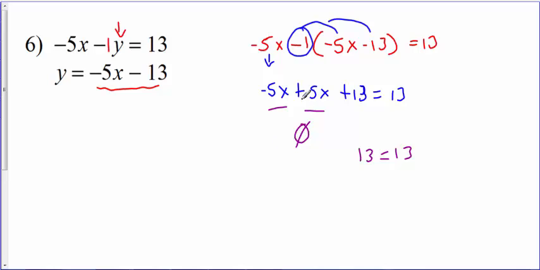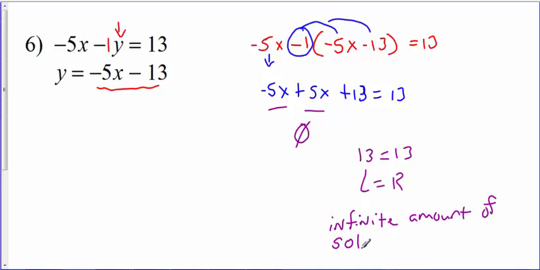Now, when our variables drop, let's look at the numbers that are left. Our left side does equal our right side. This tells us that we have the same lines, and the answer is an infinite amount of solutions.